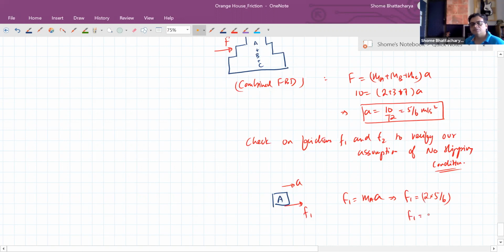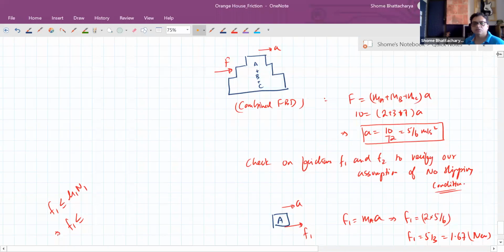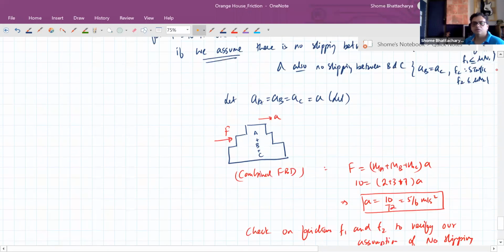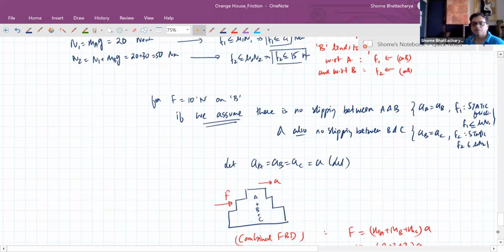So the friction that we require is 5 by 3 or 1.67 newtons. Now remember that friction was less than or equal to, I think the value was 4 newtons that we had calculated. Yes, 4 newtons. So that means we are safe. We have enough friction available.